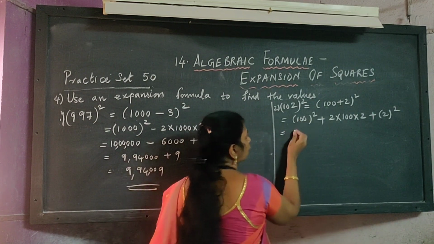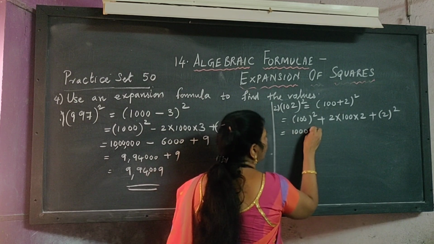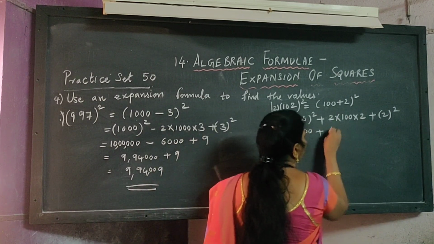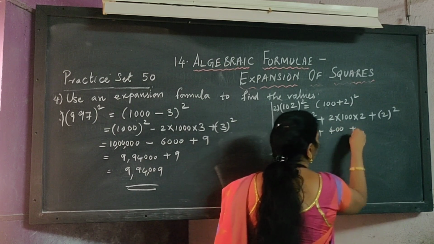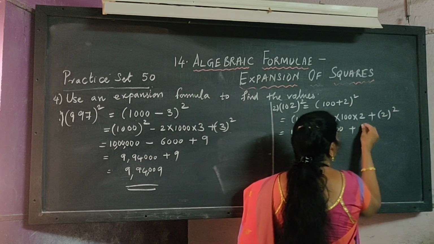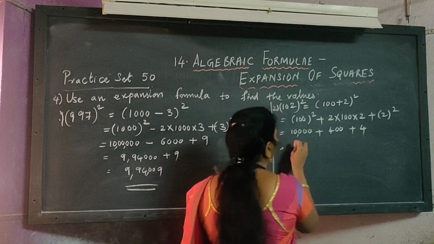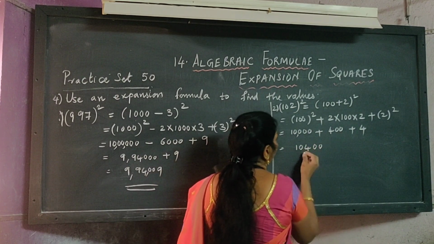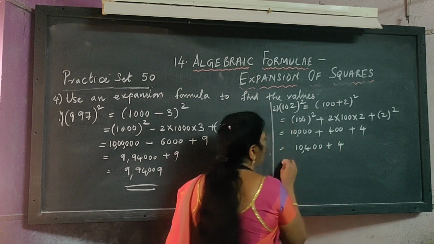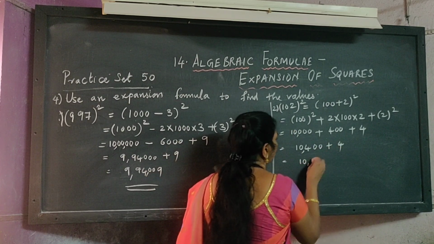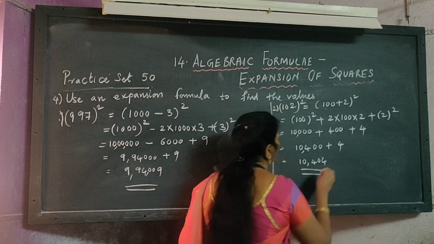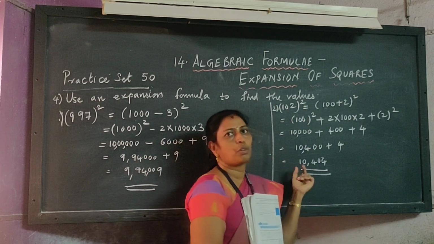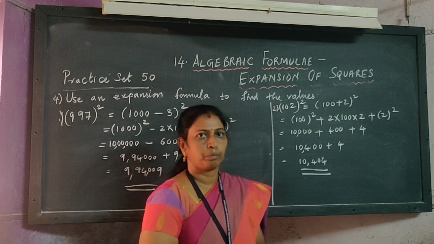Now 100 square will become 10,000, plus 2 into 2 into 100 will become 400, plus 2 square will become 4. Now add 10,000 plus 400, it will become 10,400 plus 4. So add both, you will get 10,404. So when you expand 102 the whole square, we will get 10,404.